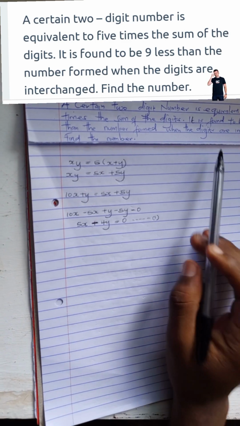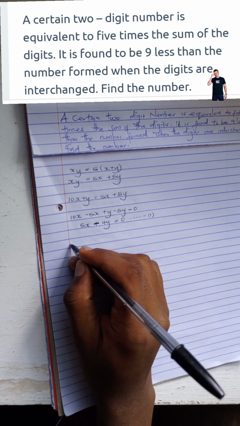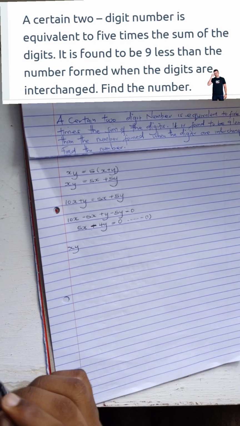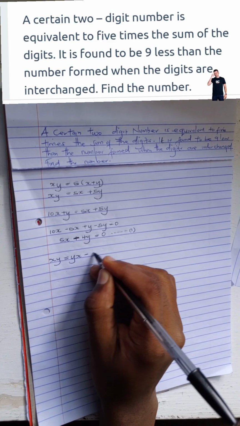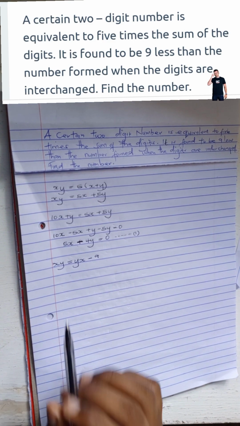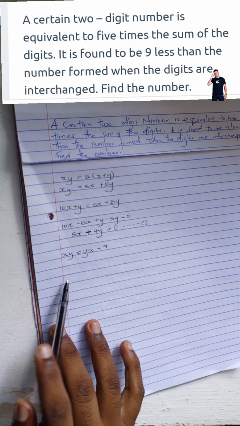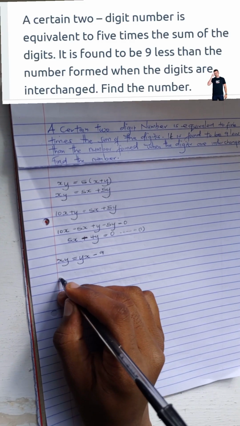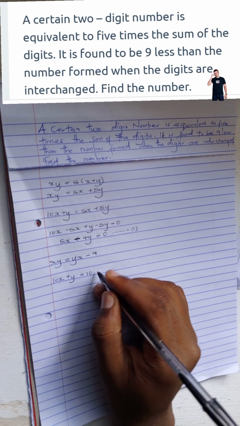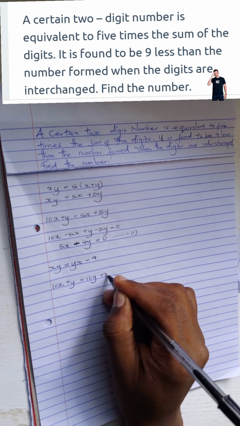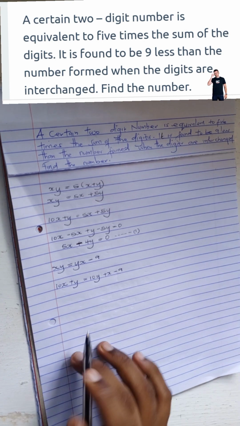In the second one, we are told that the number xy is equal to the reverse of this number, which is yx, minus 9. So I'm also going to write these values in place values. So I'm going to have 10x plus y is equal to 10y plus x minus 9. That is another equation formed.